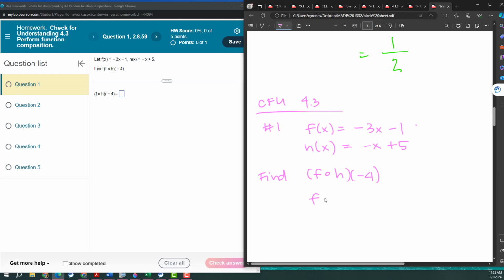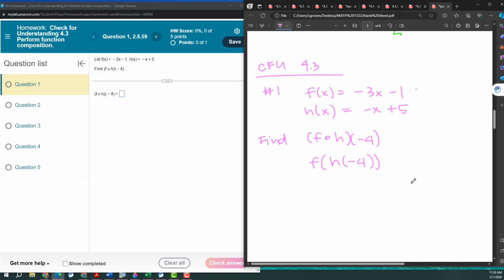So remember, we have to find h of x first before we can find f of x. So h of negative 4 equals negative negative 4 plus 5. So this becomes positive, and we get that this equals 9.